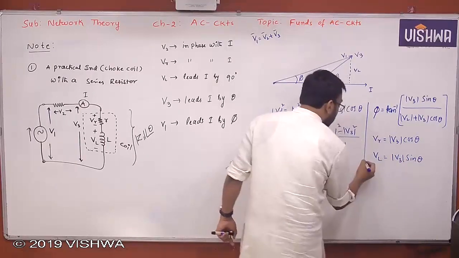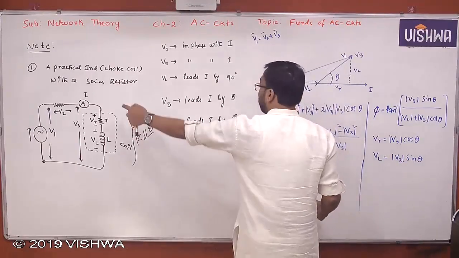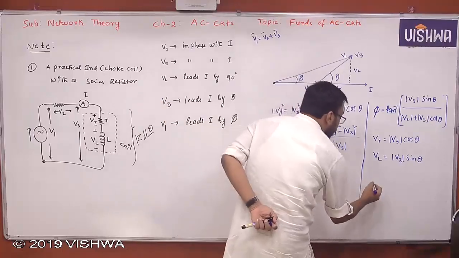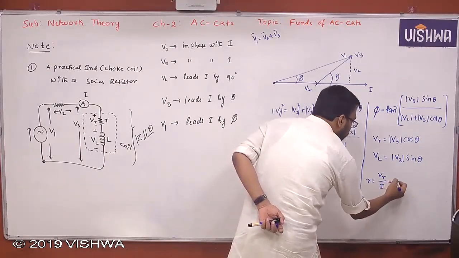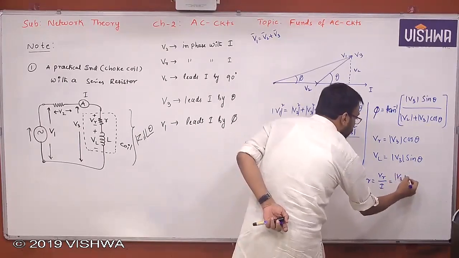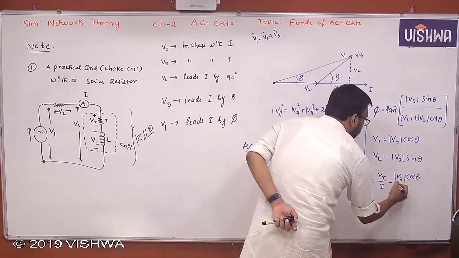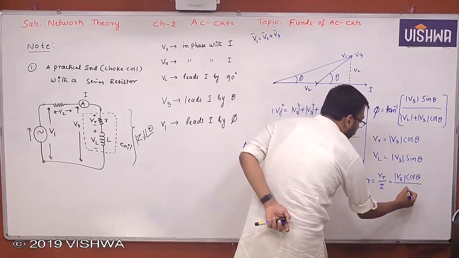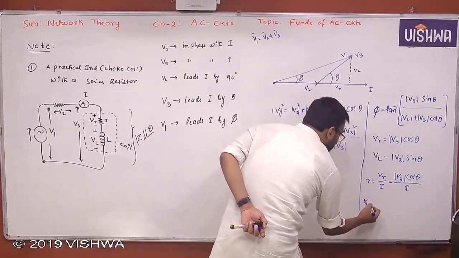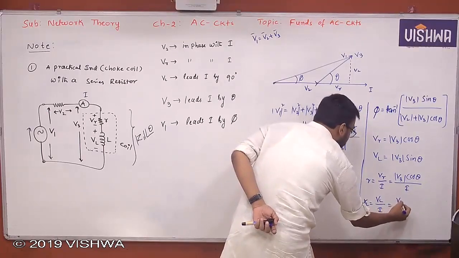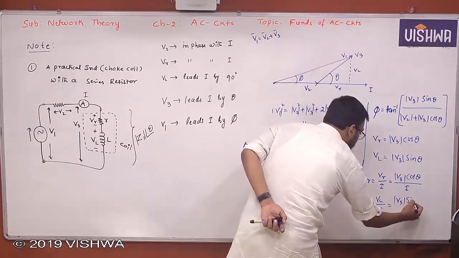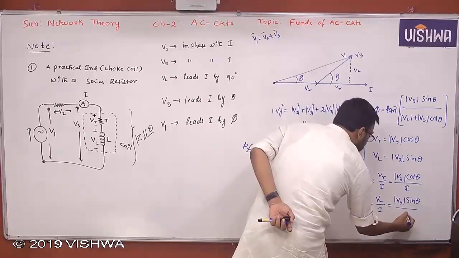Now from this, if I know the ammeter reading, that is current I, then R can be written as VR by I, yes or no? That is V3 cos theta by I. And XL is VL by I, that is V3 sin theta by I. That's it.